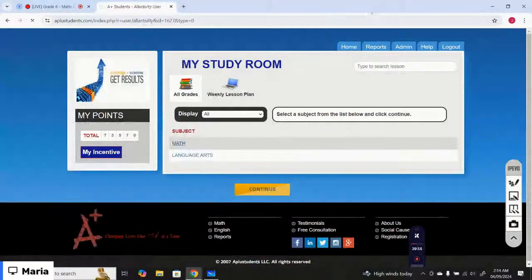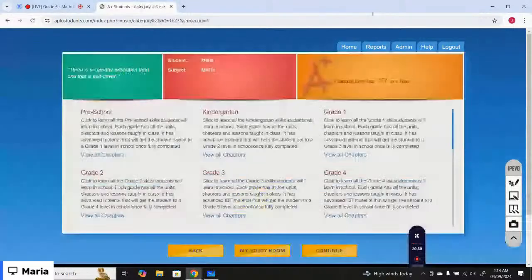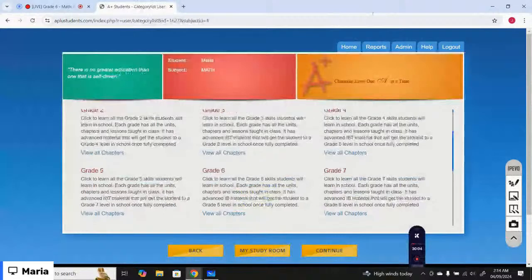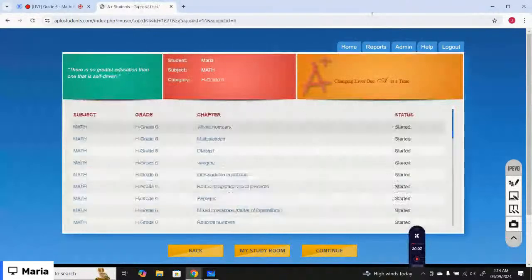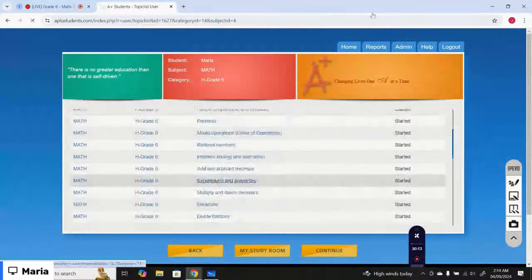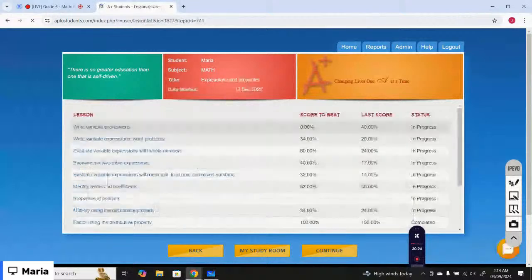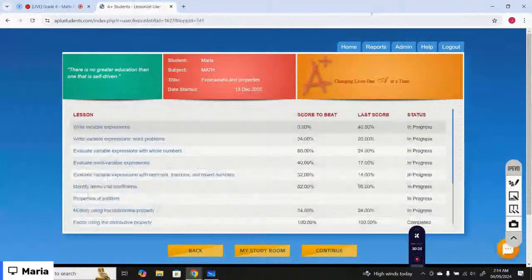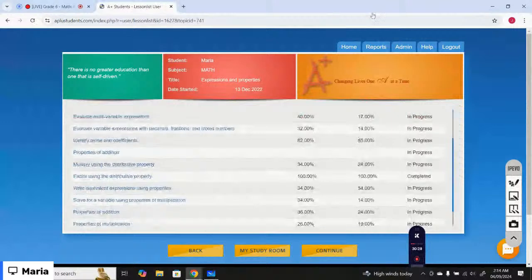Okay, so let me just go to the lesson. The next lesson is write equivalent expressions using properties. Let's just start with the lesson.